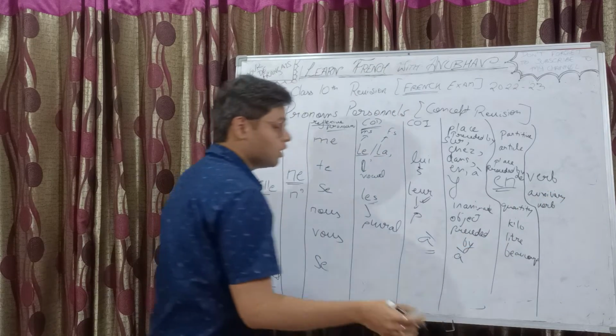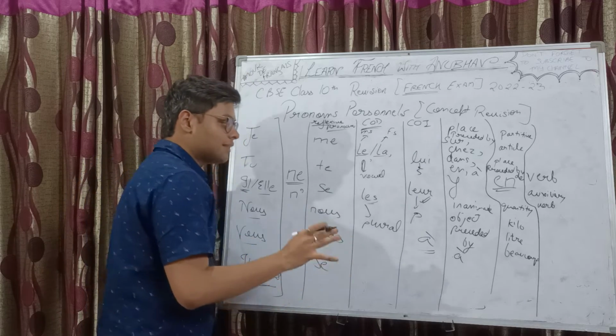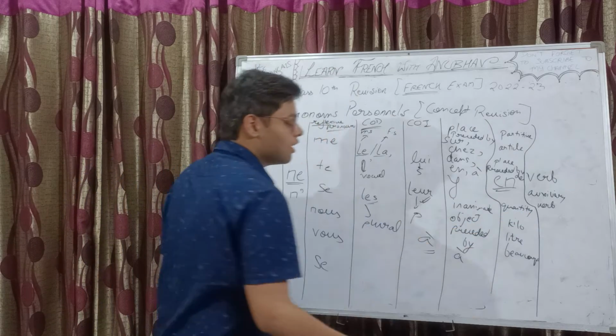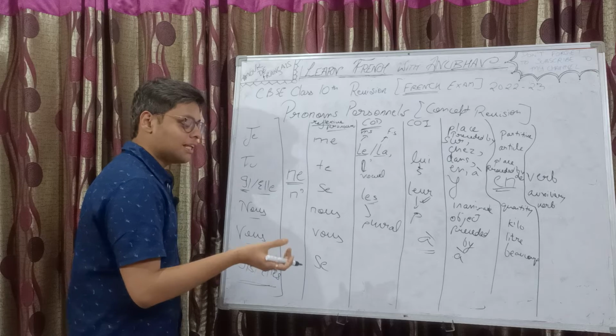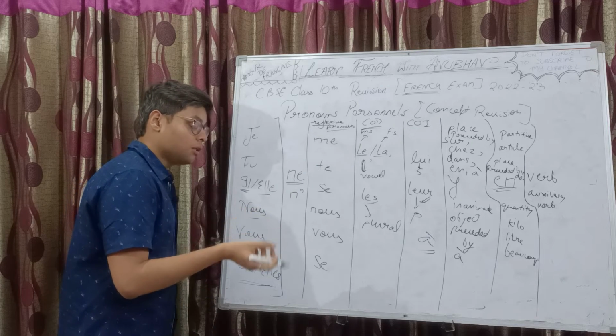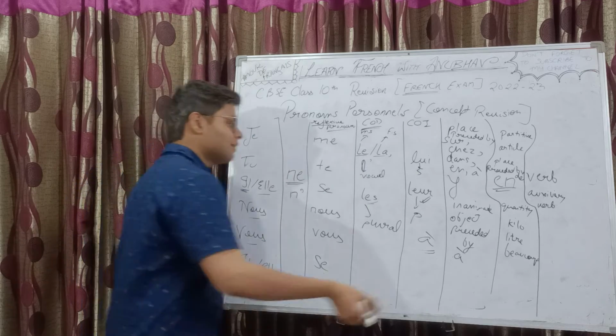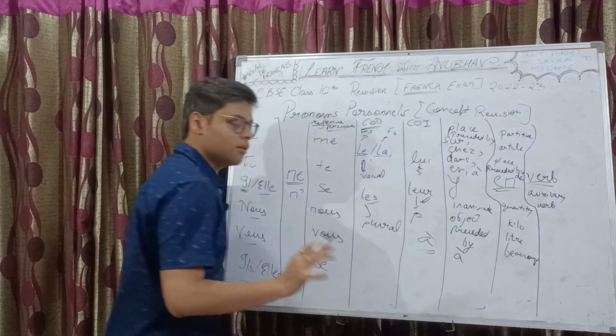For example, futur antérieur, plus-que-parfait, passé composé. In such tenses, the auxiliary verb will come here. Otherwise, in tenses like futur simple, présent conditionnel, or simply the present tense, we are going to have the verb here.